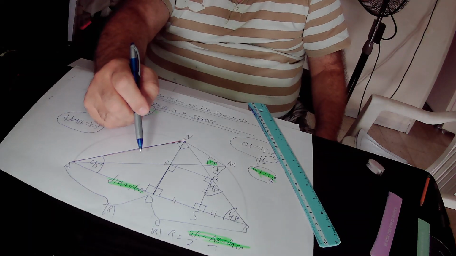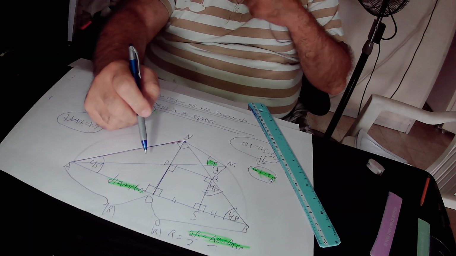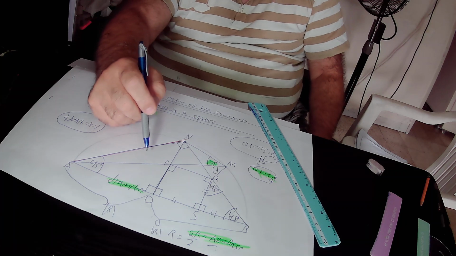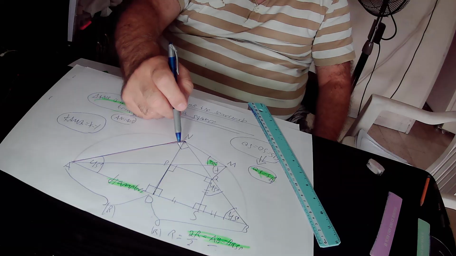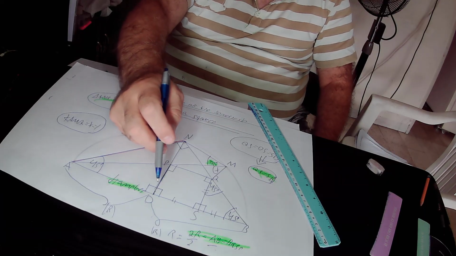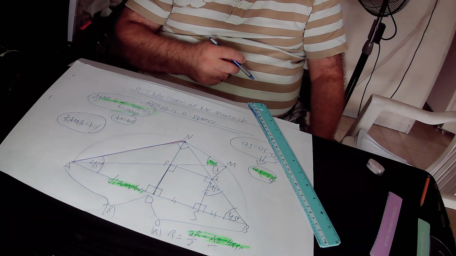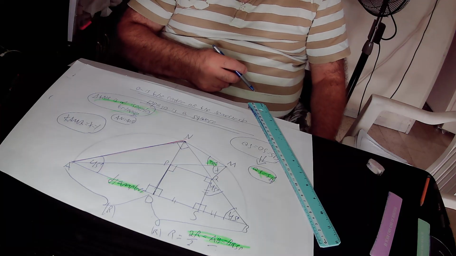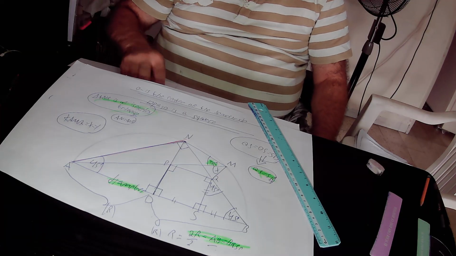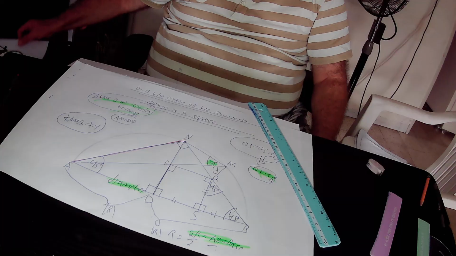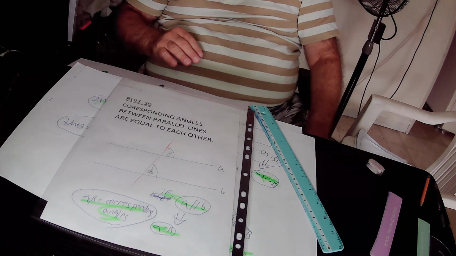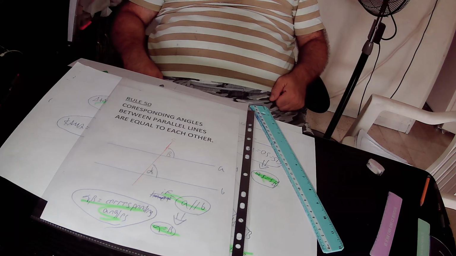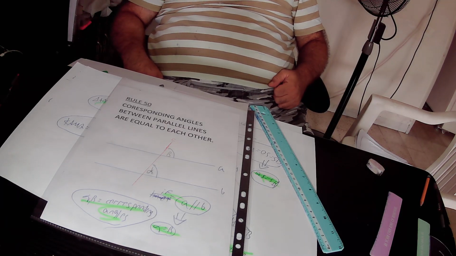We know that the opposite sides of a square are parallel to each other. So in square PQSO, side PQ is parallel to the opposite side OS. So here we can implement rule 50. Repeat rule 50. According to rule 50, corresponding angles between parallel lines are equal to each other.